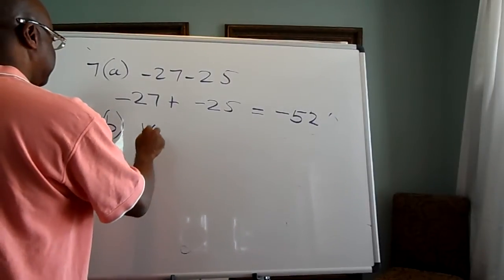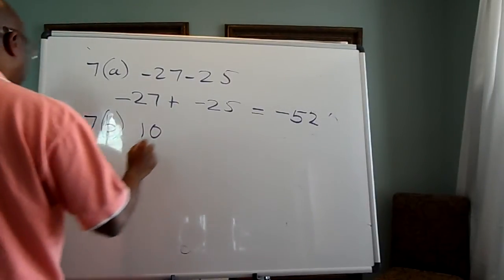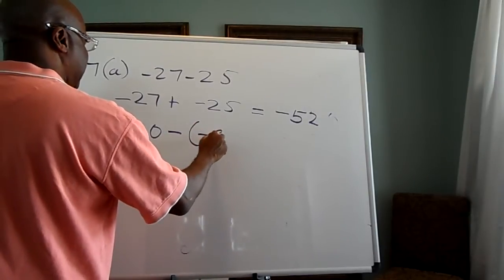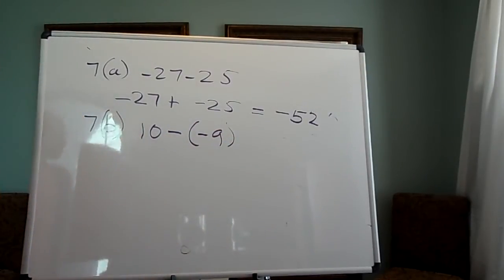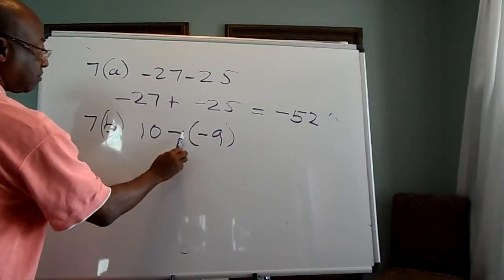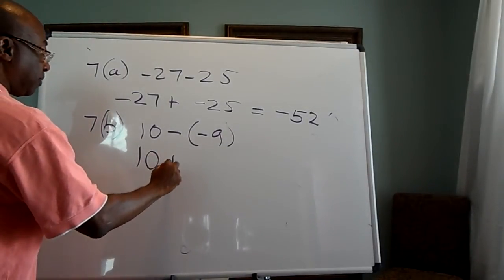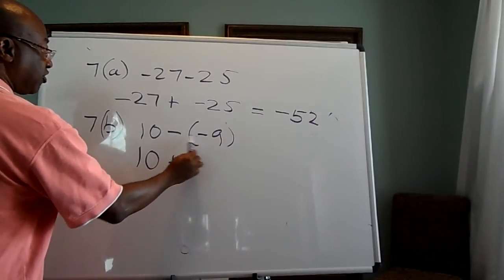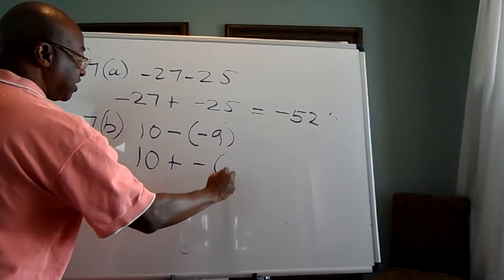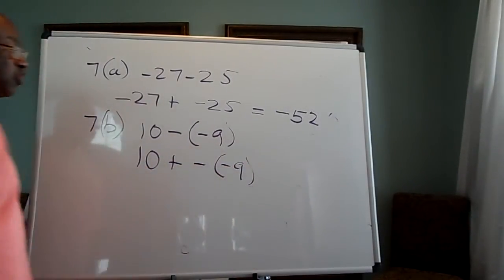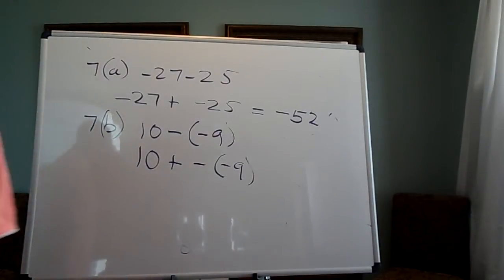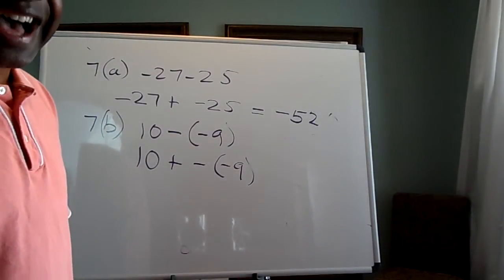Let's look at 7b. 7b is 10 minus a minus 9. Here we have subtraction again. There's the subtraction sign. So after the first number, put a plus. Continue to write the remainder of the problem as you see it. And so what we have here is 10 plus minus minus 9.